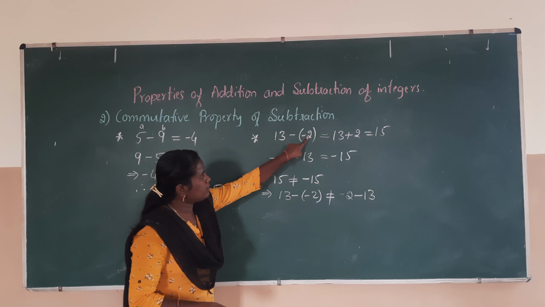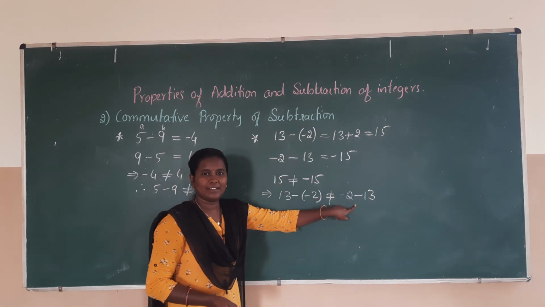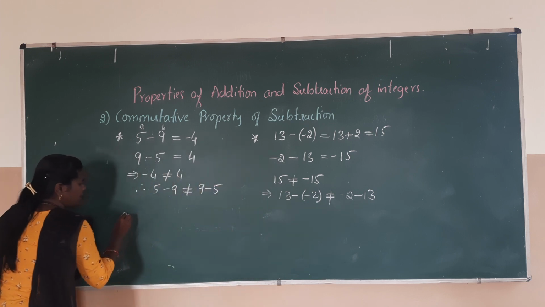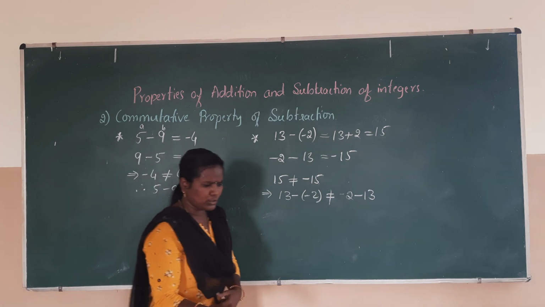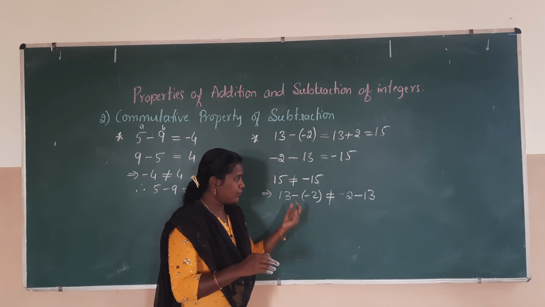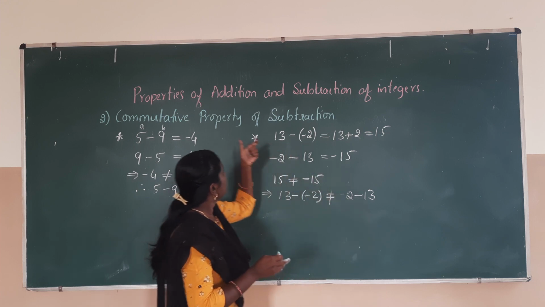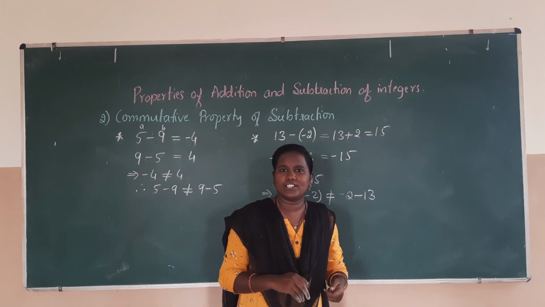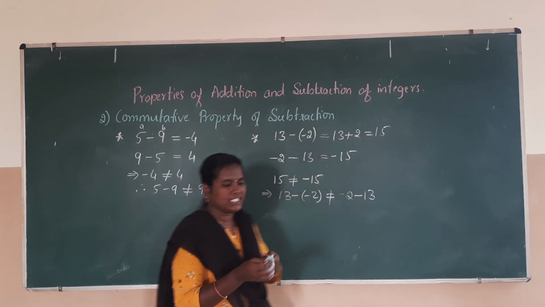See, A minus B is not equal to B minus A. So in general, what can we write? Does the commutative property of subtraction hold good for integers or not? If A minus B were equal to B minus A, then we would have written that subtraction is commutative for integers. But here the subtraction is not commutative for integers.